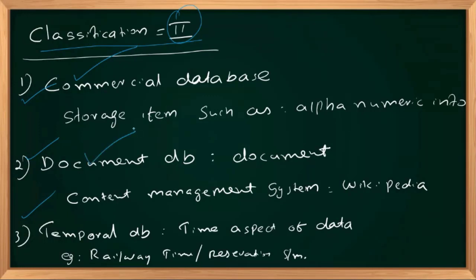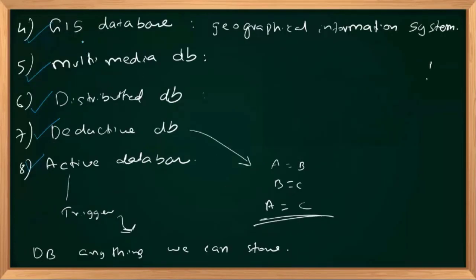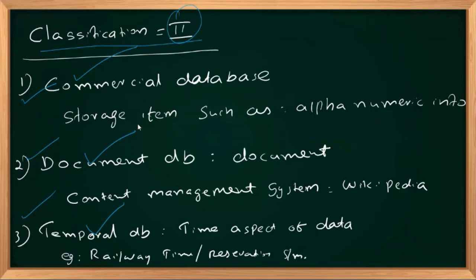Second, document database. Third one, temporal database. Fourth one, GIS database. Fifth one, multimedia database, then distributed database, deductive database. Last one is active database. Okay, what is meant by commercial database?